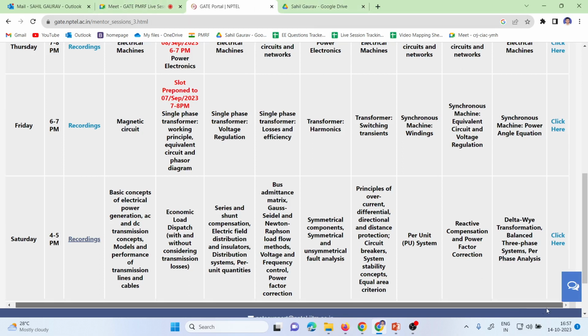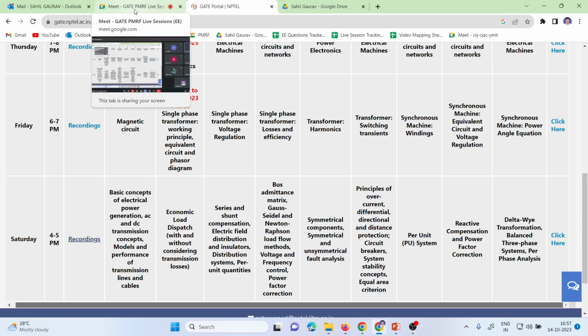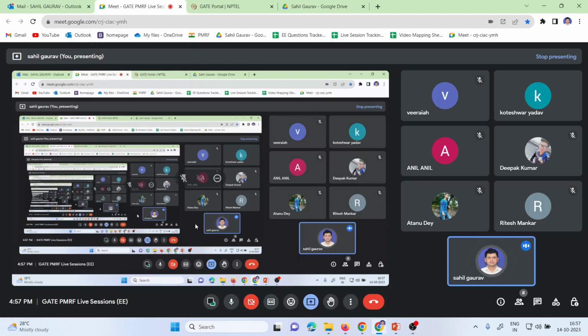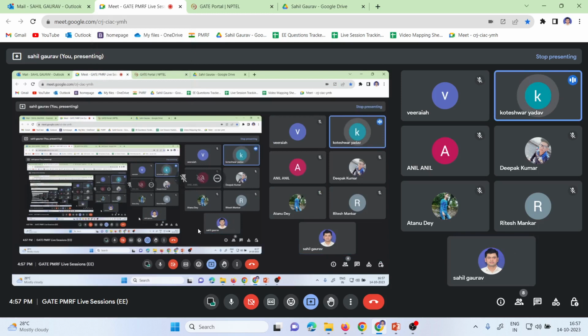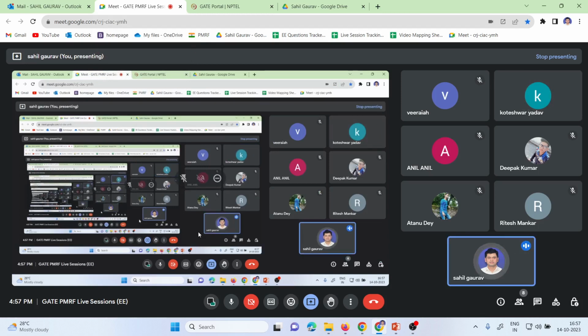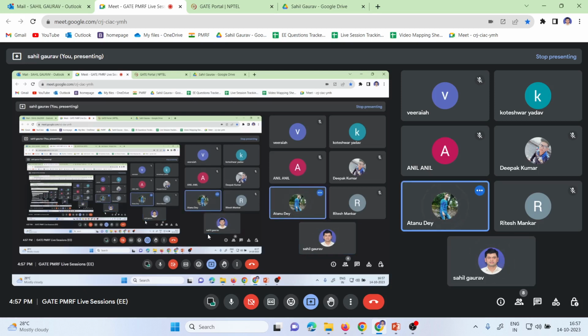Sir, could you please recommend battery topics in NPTEL? Any lecture or videos on batteries? Battery topic for electric vehicle charging? No, sir, in general, in power systems, battery energy storage systems. You can refer to the IIT Madras lecture in PD lectures. I am not remembering the name, but IIT Madras has put it.